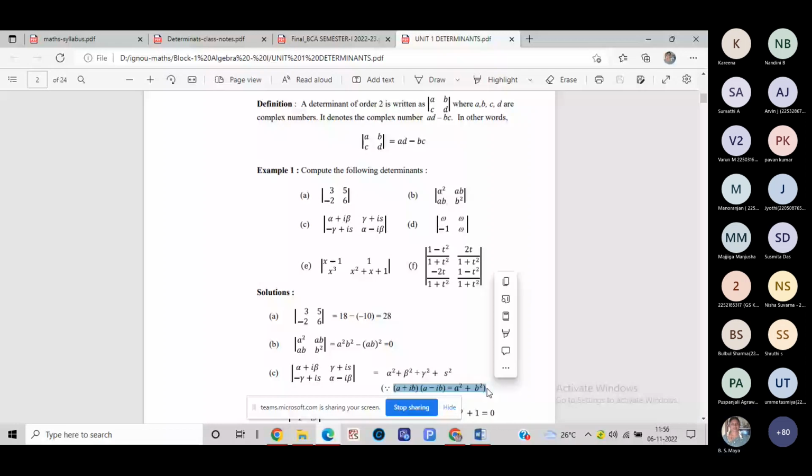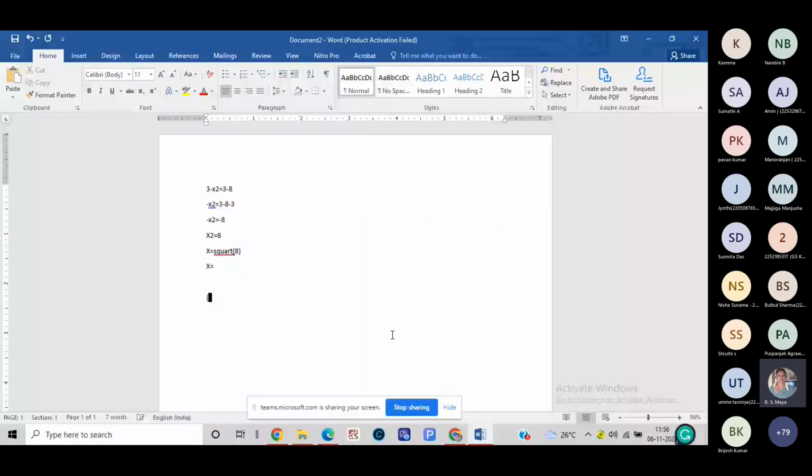Clear? Actually, this is the formula like A square minus B square, right, ma'am? No, don't apply that here. Whenever I take the bracket alpha plus I beta into alpha minus I beta, I am writing it like a determinant.